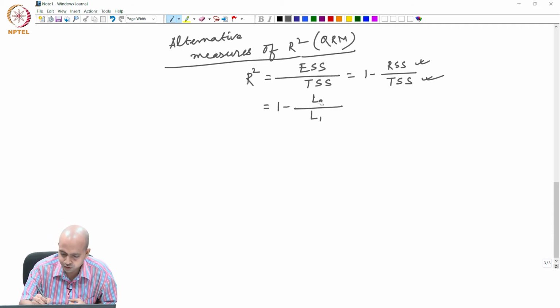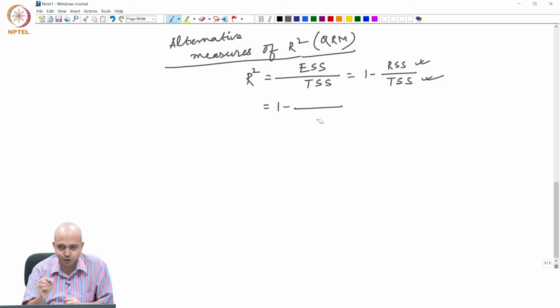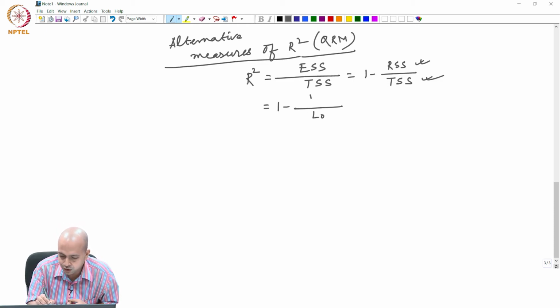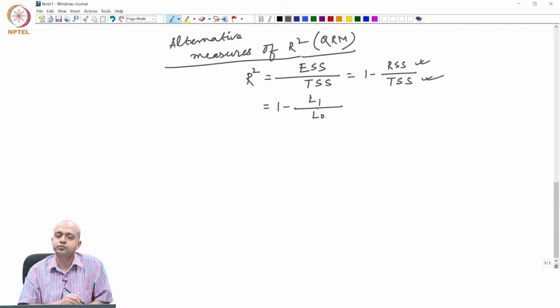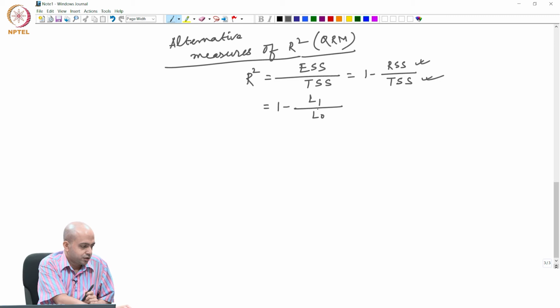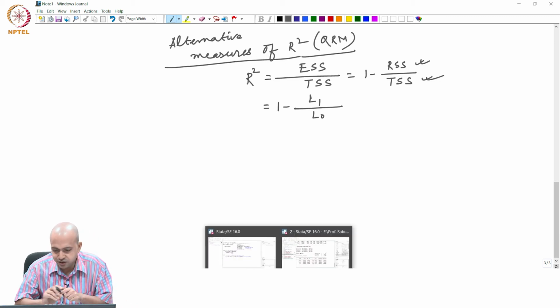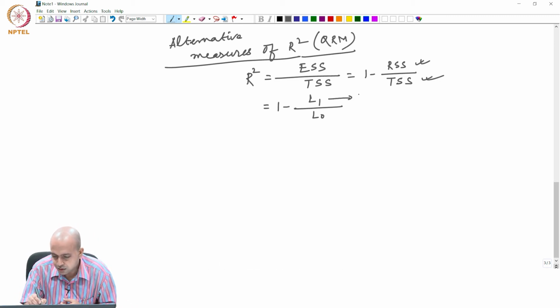When you have no explanatory variable, that is L0, and this is L1. So, that means this is your RSS, this is TSS. L0 means the 0th level of iteration.